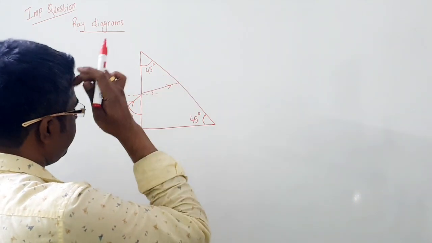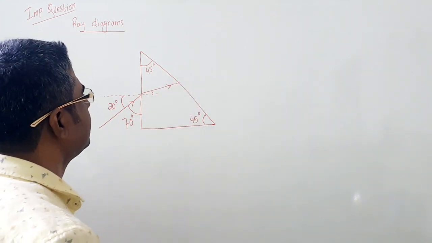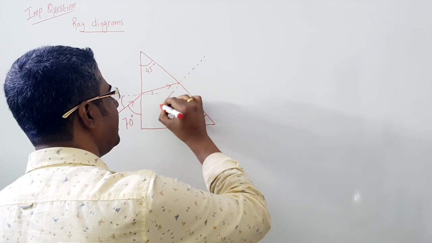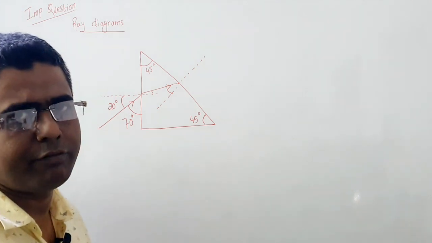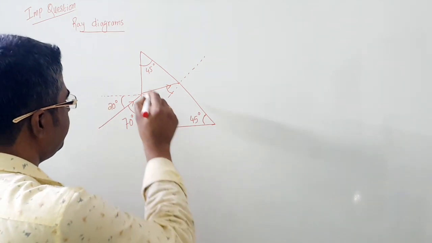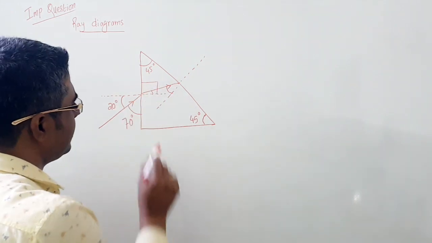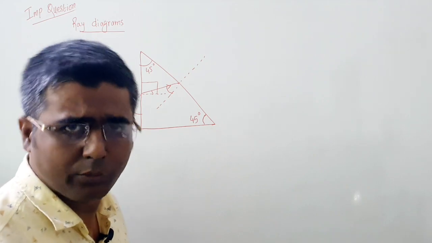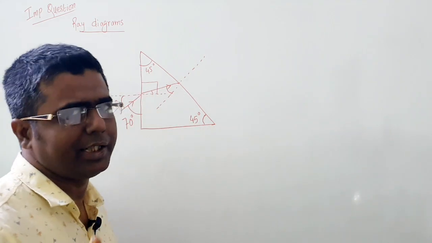Now if you see this one, now we have to calculate the angle over here. Ultimately this angle will decide whether you have to go for total internal reflection or something else. So if you see this one, please look very carefully. This is 90 degree and this is somewhat lesser than 20 degree. So this may be around, you have to just guess some number. I am taking it as 15 degree.